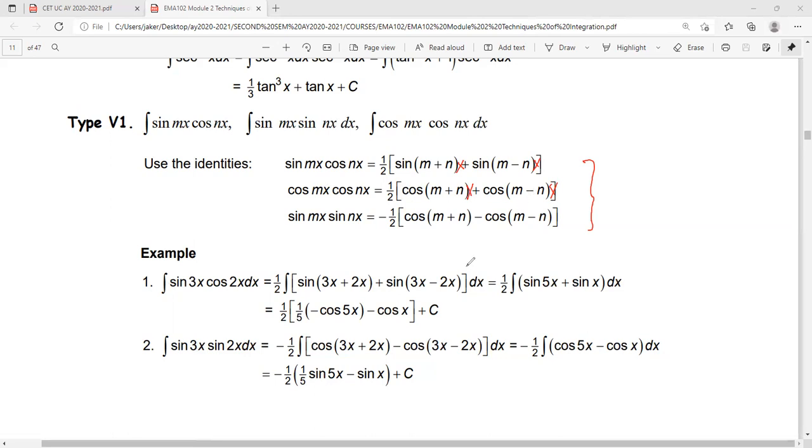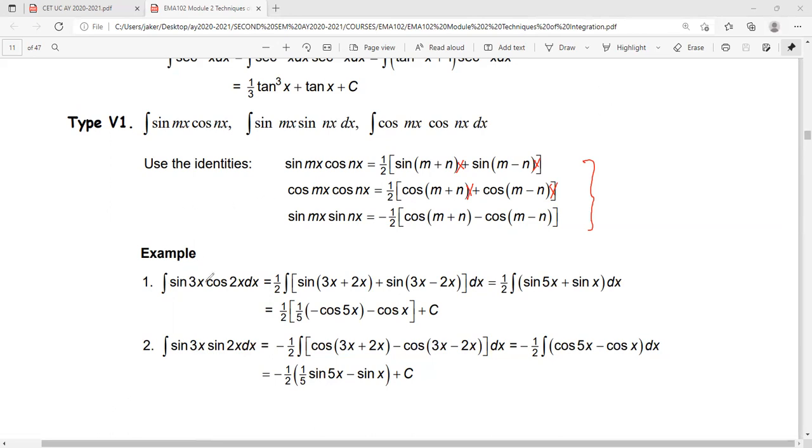So if you have both cosine or both sines having different angles, your equivalent identity is a cosine. But if you have a combination of a sine and cosine, your equivalent identity is a sine of two functions. Okay? Both having 1/2 as the constant multiplied to it. Very easy. This is the easiest of all trigonometric transformation.